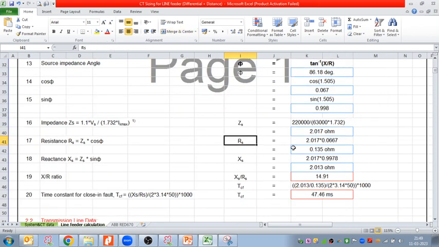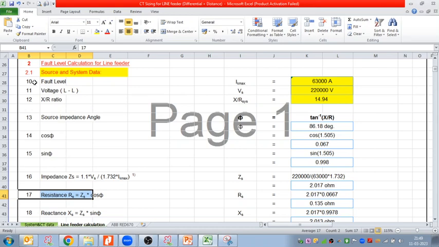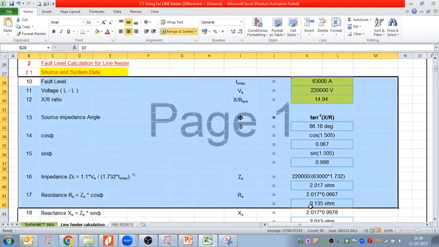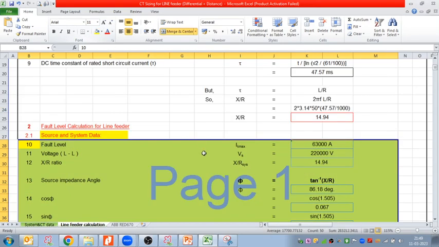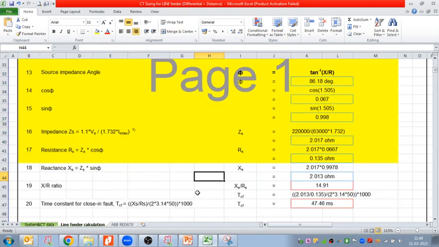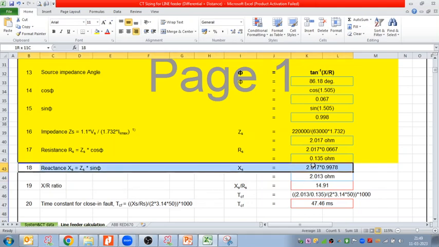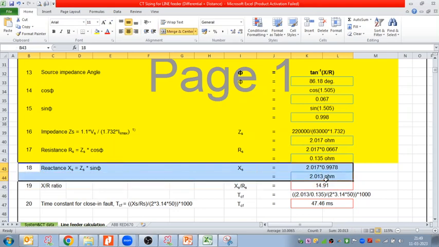So resistance and reactance: if I highlight, till here the source resistance is done, and the source reactance X is also done, right?